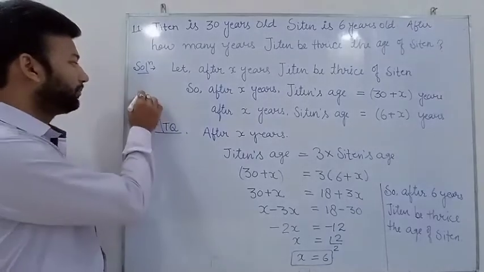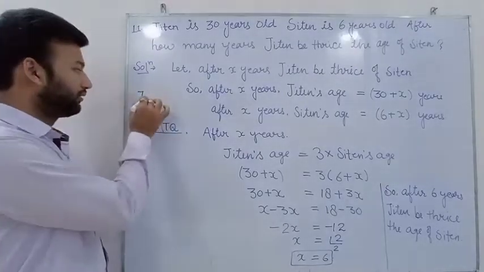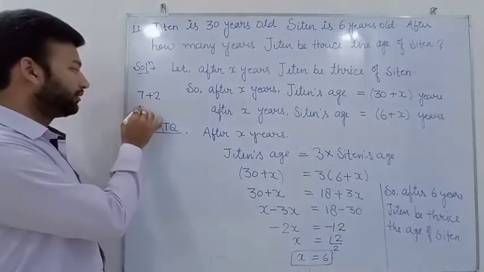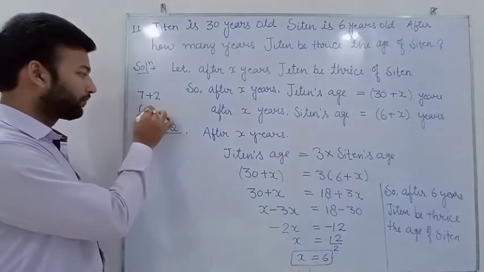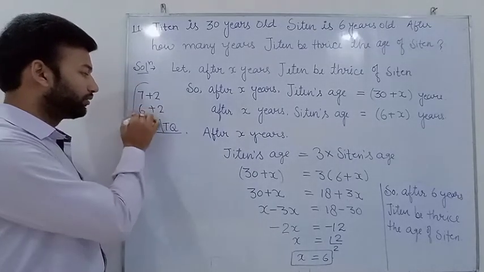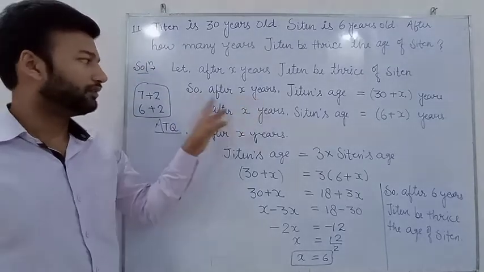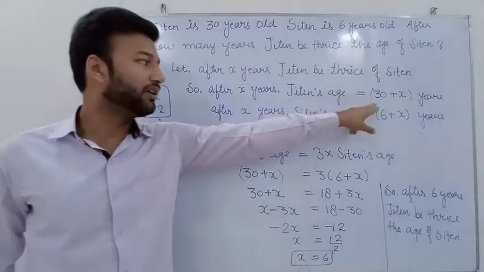For example, present age of Jitin is 7. So after 2 years the age of Jitin is 7 plus 2. Similarly, age of Sitin is 6 and after 2 years, 6 plus 2. So on the basis of this concept, we are going to write the statement like this. After x years, Jitin's age is 30 plus x.